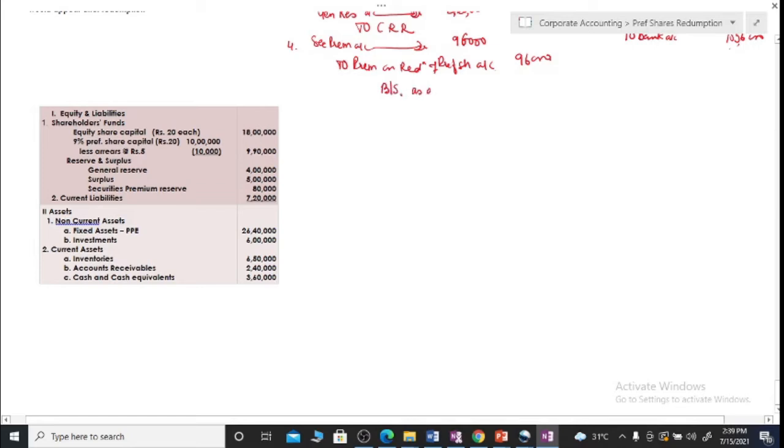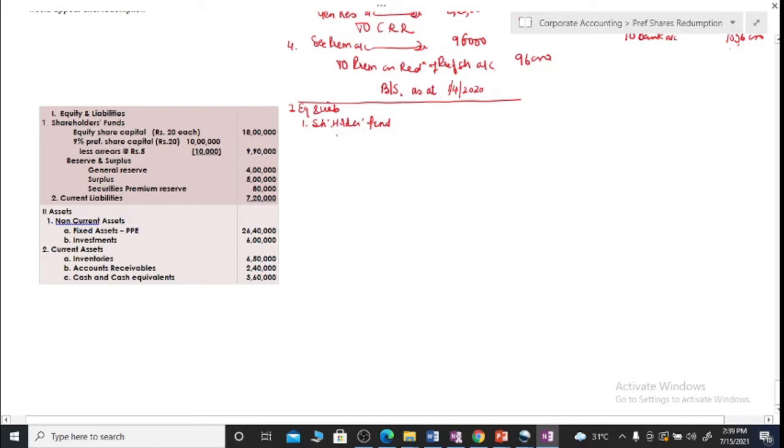So balance sheet as at, maybe you are given date, say you carried out redemption on 1st April 2020, whatever. So you will record it. Now we will simply record the basic categories, because our Companies Act says that balance sheet should be prepared in this format only.